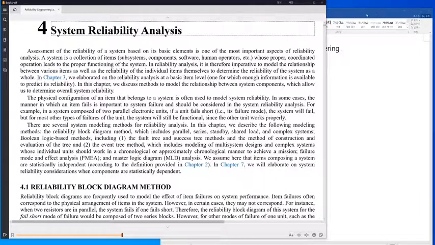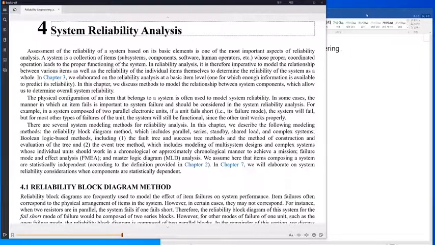So we are going to learn about system reliability analysis. In chapter 3, we covered the meaning or definition of reliability, and then all the distributions that could be used to describe component reliability.